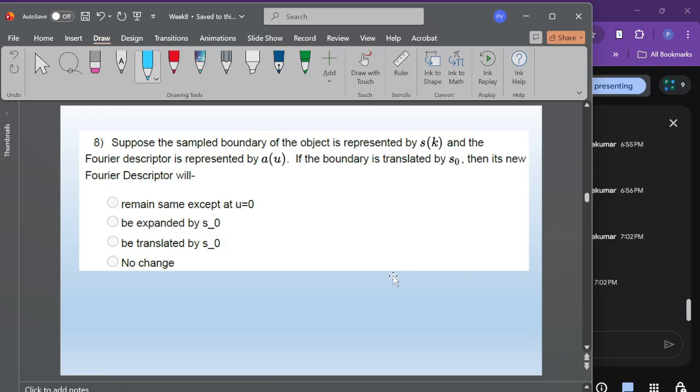So our next question is, suppose the sampled boundary of the object is represented by s(k) and the Fourier descriptor is represented by a(u). If the boundary is translated by s0, then its new Fourier descriptor will be: option A, remains the same except at u equal to 0; option B, expanded by s0; option C, translated by s0; and the last option, no change. Which option can be the correct one?